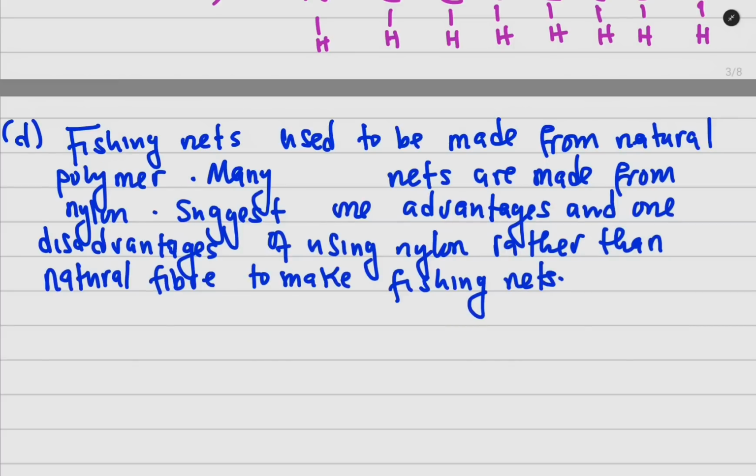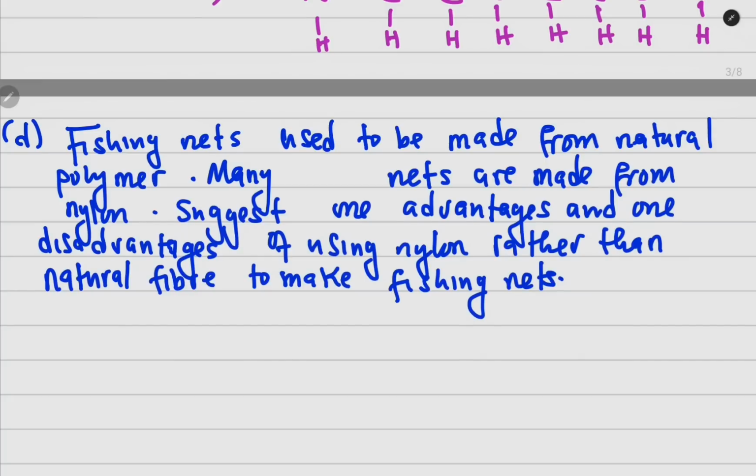Many nets today are made from nylon. Suggest one advantage and one disadvantage of using nylon rather than natural fiber to make fishing nets. I might have missed some words here, but I guess you get the question.